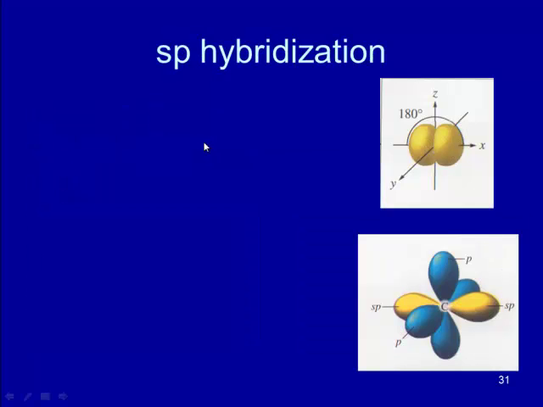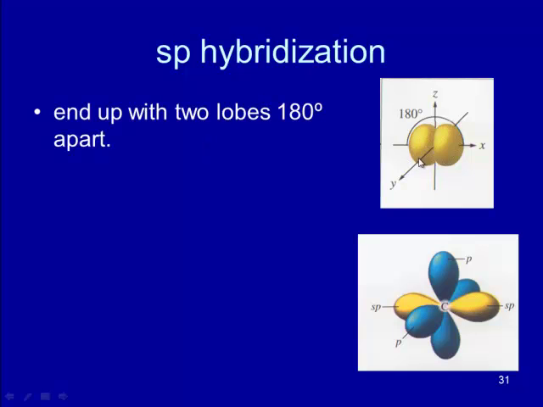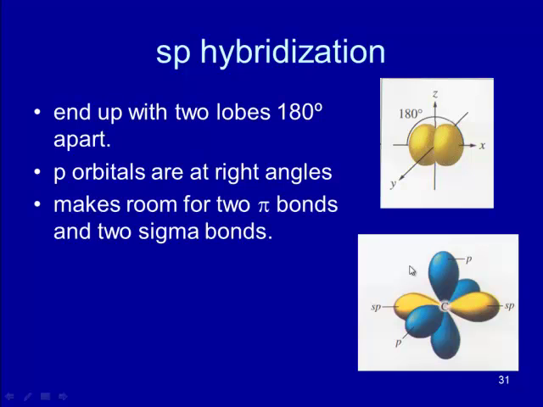Now take a look at sp hybridization. You can have hybridized orbitals 180 degrees apart, and now the other two p orbitals will have the potential, if we provide the right angles, to form a pi bond.